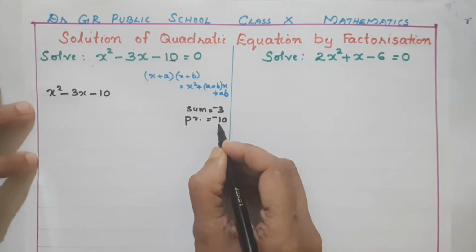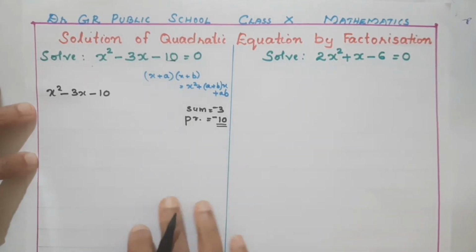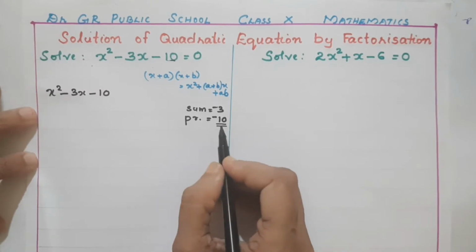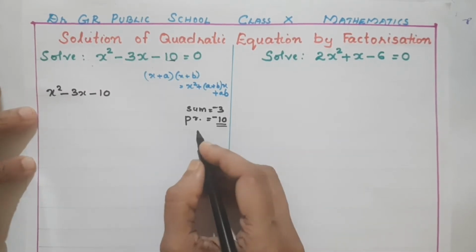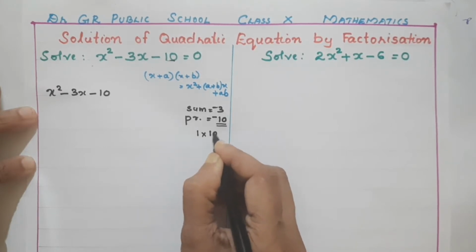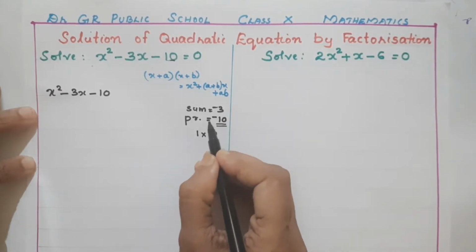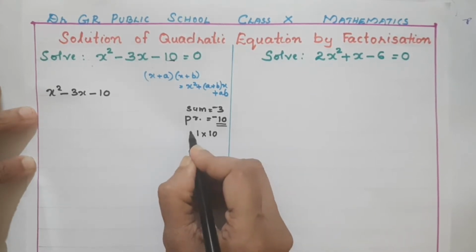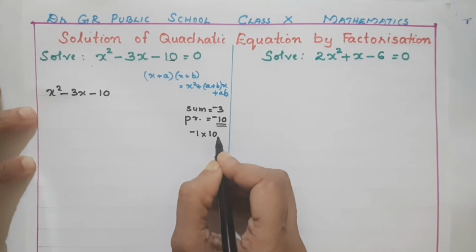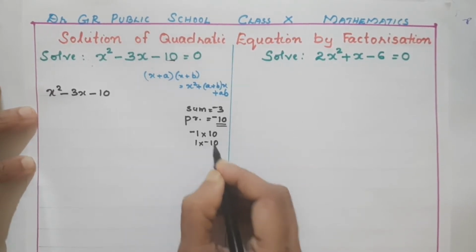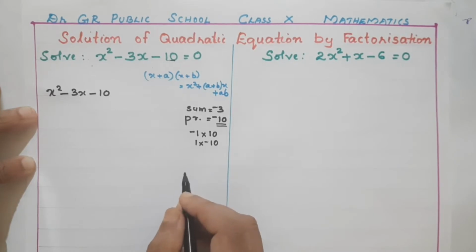Check the factorization of this minus 10. Isn't it? What are the factorization of minus 10 or product form of minus 10? We can have 1 into 10 is 10. If the product is negative, one number should be negative. So we can take minus 1 into 10 is minus 10, or we can take 1 into minus 10 also minus 10.